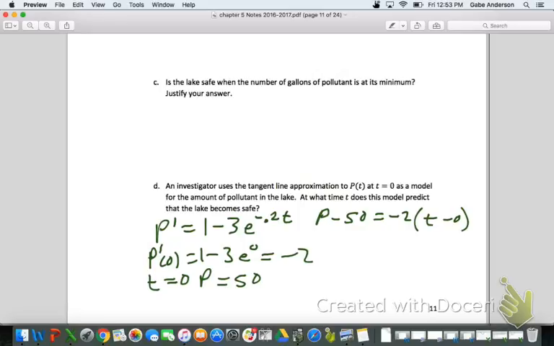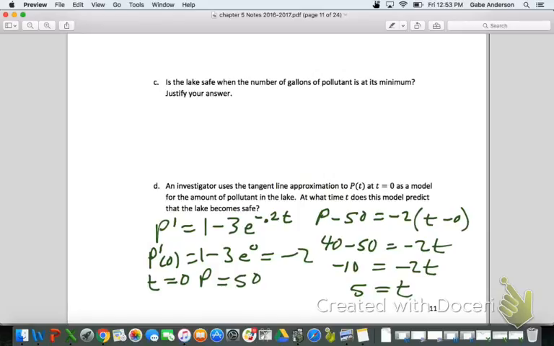Yeah, plug a 40 in for P. So 40 minus 50 equals negative 2t. So that's negative 10. So I'm coming up with 5 hours. So when t is 5, according to this model, the lake will become safe.